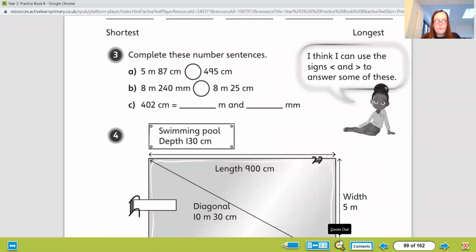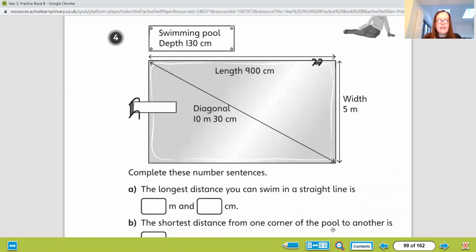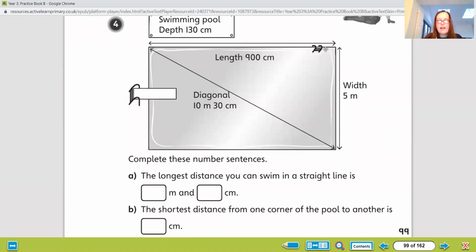Question 4. We've got a swimming pool and it says the depth is 130 centimetres, that length is 900 centimetres, that width is 5 metres and that diagonal is 10 metres 30 centimetres. Remember, 900 centimetres is the same as 9 metres.